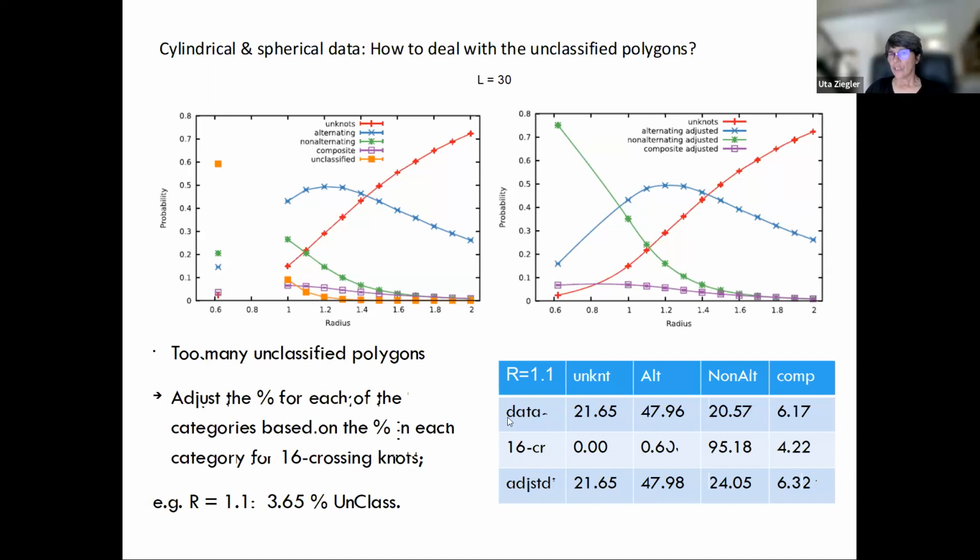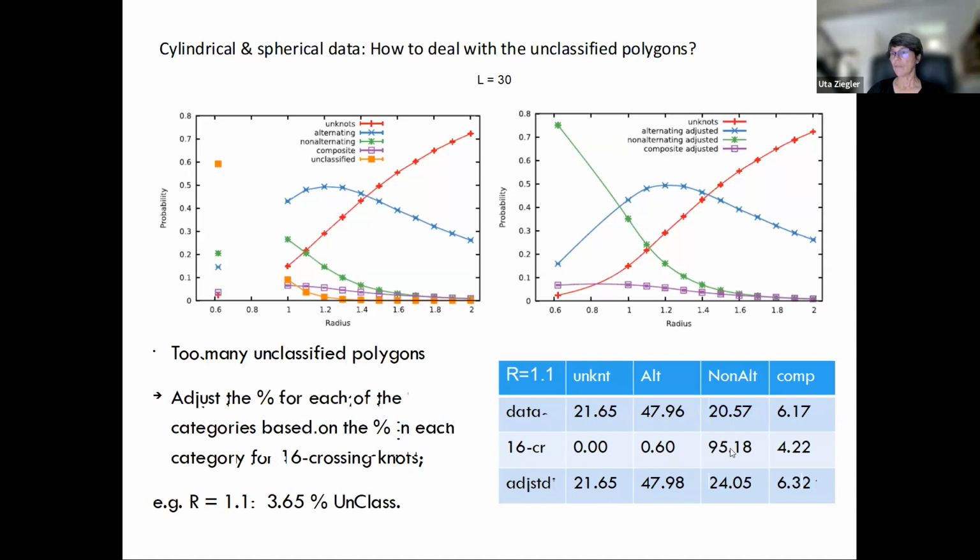So we just basically say, okay, for 1.1, we have this many alternating knots. We have 0.6% of these being 16 crossing knots, 0.6% alternating knots. So 0.6% of these 3.65% are basically added to the alternating knots to get the adjusted value.